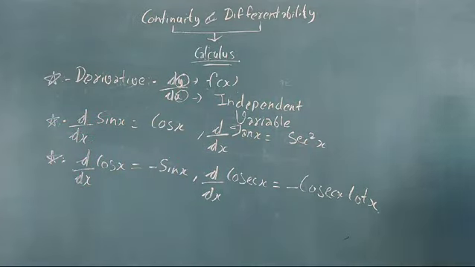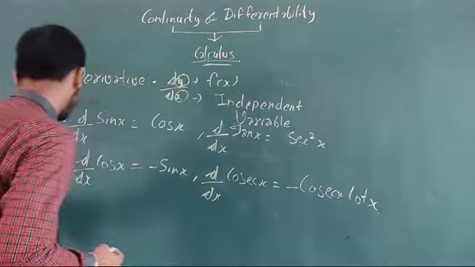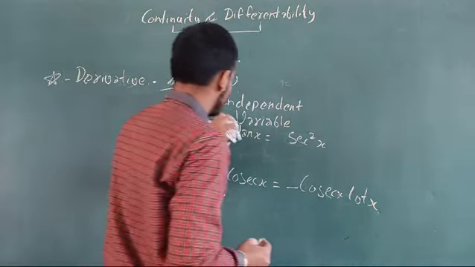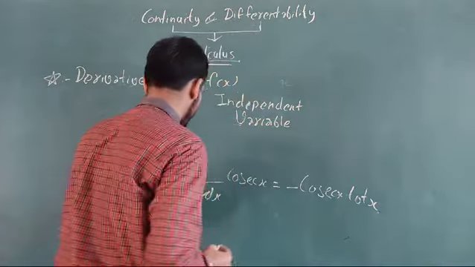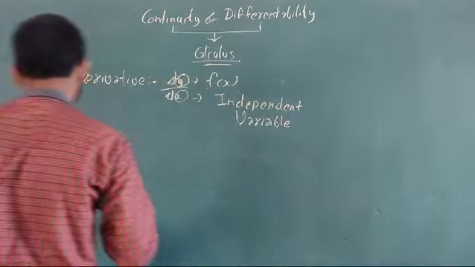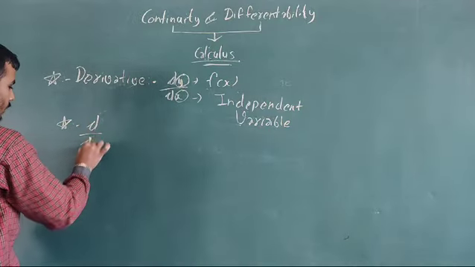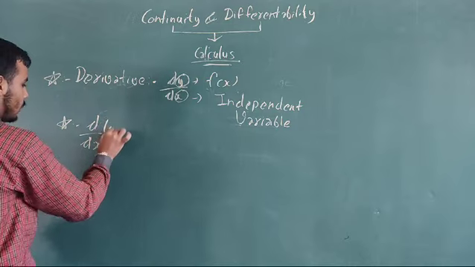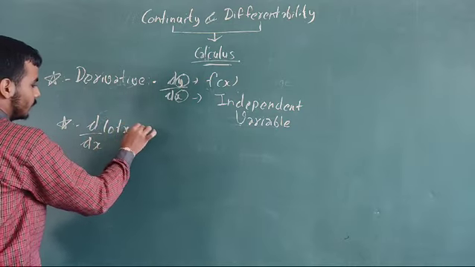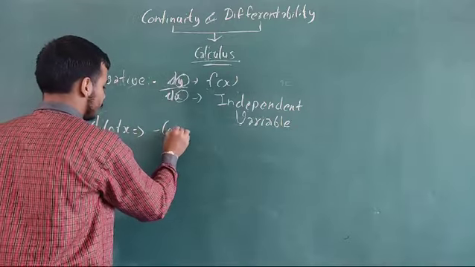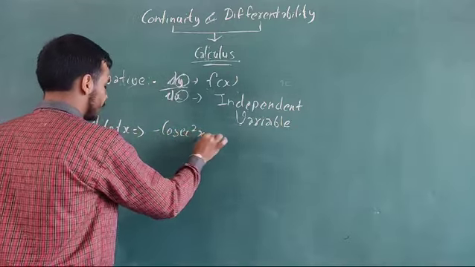And then the derivative of our next function, which is cot x. So what will be the derivative of cot x? Minus cosecant square x.